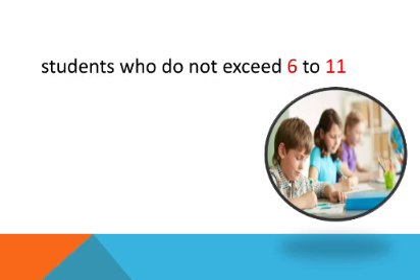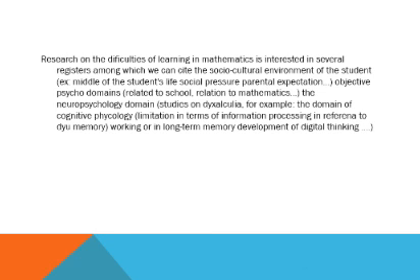Students who do not exceed 6 to 11. Research on difficulty to learn mathematics shows interest in several registers, which can set the sociocultural environment of students. For example, the milieu of students, the social process, parental expectation, objective, psychodomain related to school, relation to mathematics.